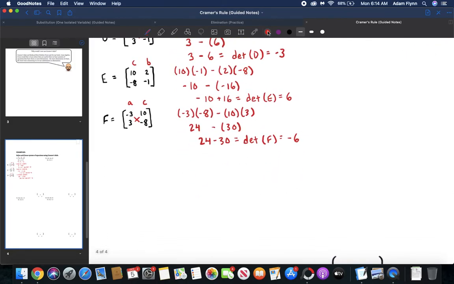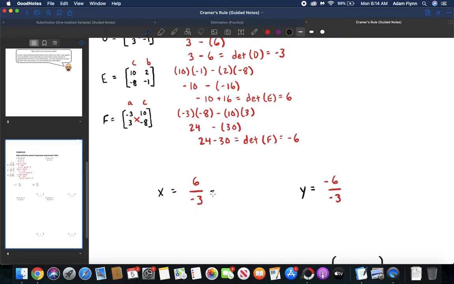So we know that X is going to be negative, oh, no, it's going to be +6 divided by -3. And we know that Y is going to be -6 divided by -3.